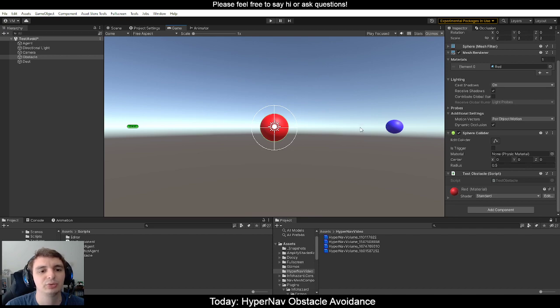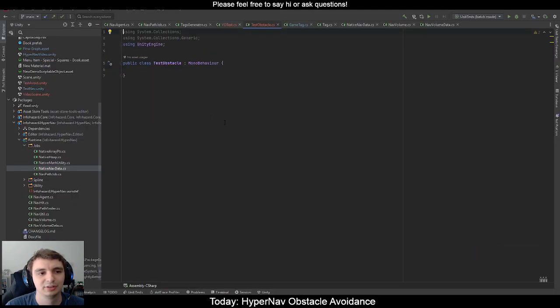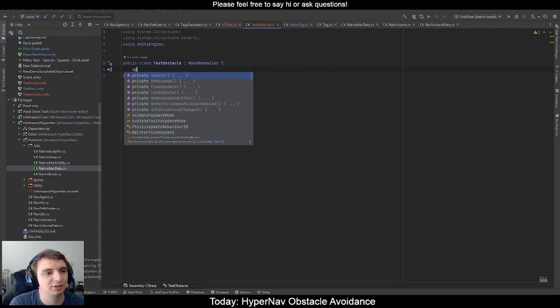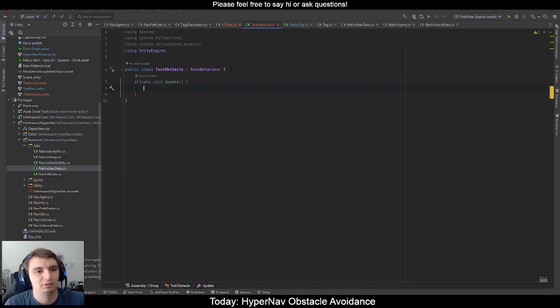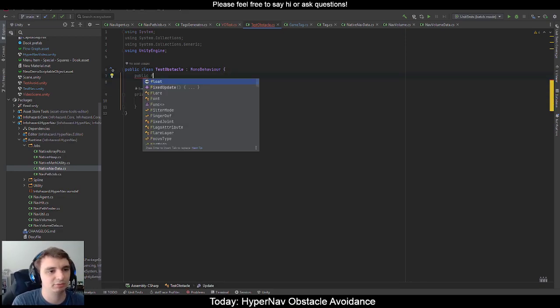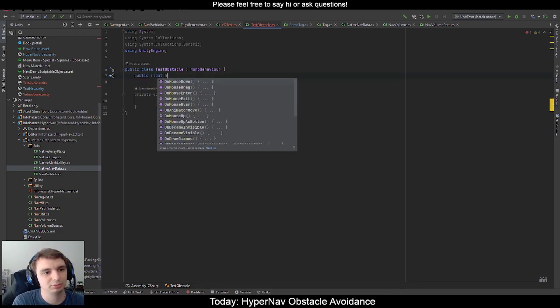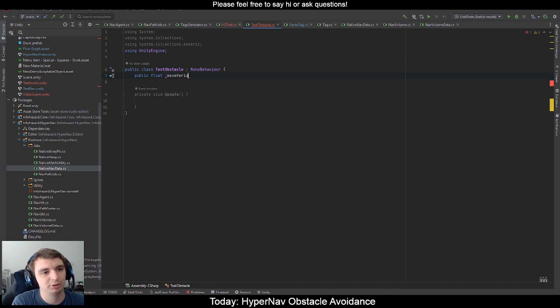I suppose it can move with the magnitude of the sine. Let's try that. Or not the magnitude, the sign of the sine. The directionality of the sine. So let's just say update. Going to say public float move period. Float move distance.